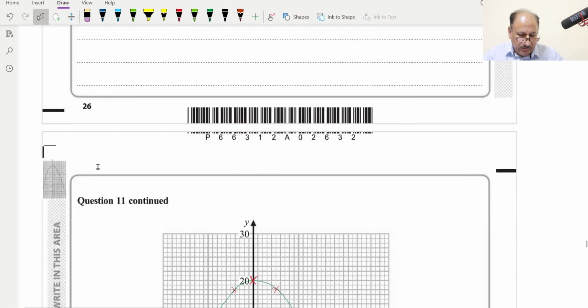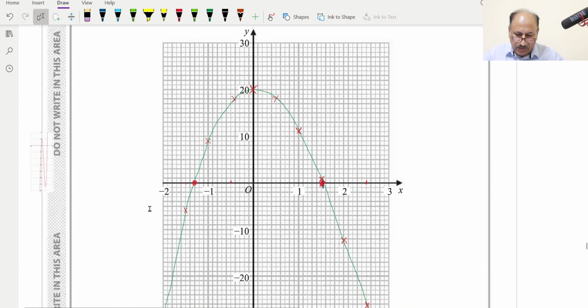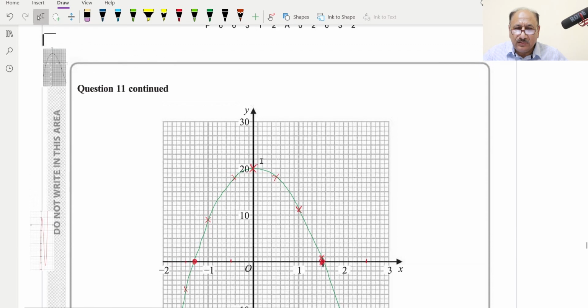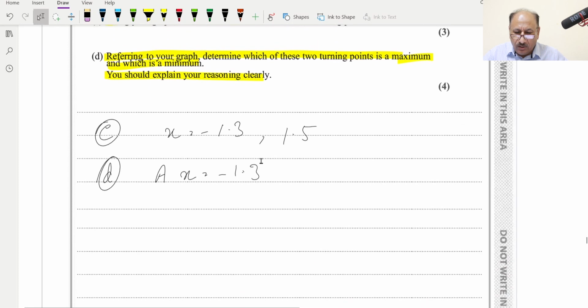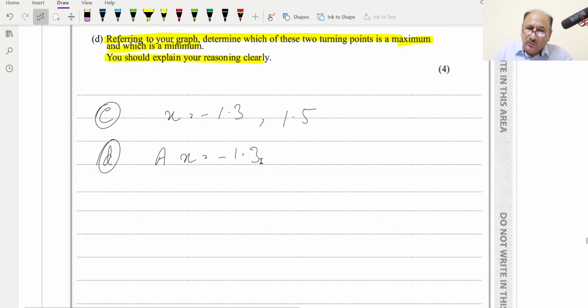We can check from here also. At x is equal to minus 1, this is the increasing side, and f of x is increasing, so it represents a maximum for g of x.